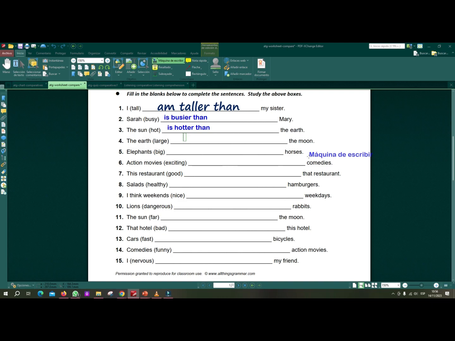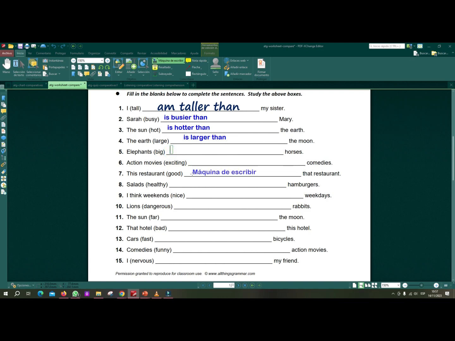Sería is larger. Excellent. It's larger. And don't forget the word than, right? Than the moon. So the earth is larger than the moon. Excellent, Miss Anna. Very good.